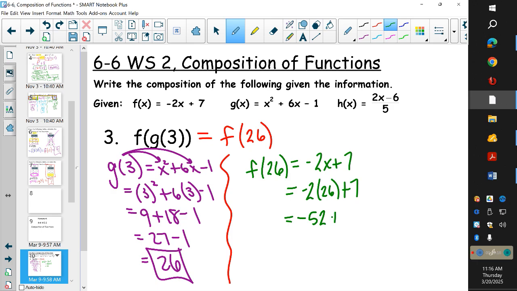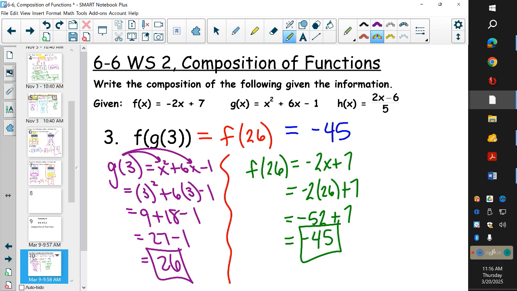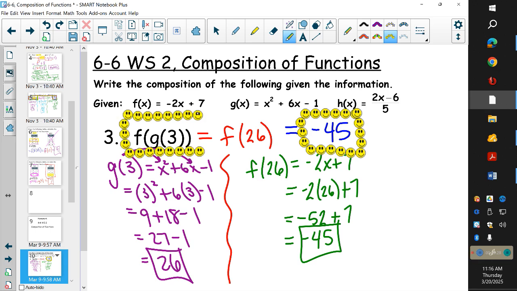Negative 52 plus 7? Negative 45. What does negative 45 represent? F of 26. So that means my final answer is going to be negative 45, and that corresponds to F of G of 3.